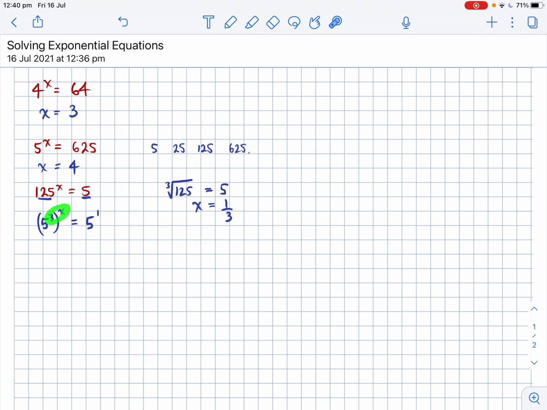On the left hand side, we've got a power to a power, so in these cases we multiply them, 3x, and then now we know my powers must be equal, so 3x must equal 1, and x equals 1/3. So this question would only ever be worth 1 mark, so you can use a common sense approach. But if you're having trouble with the common sense approach, this is how I would show my solution algebraically.